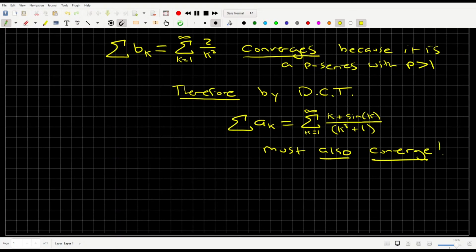So there you have it. It's a relatively straightforward application of this direct comparison theorem.